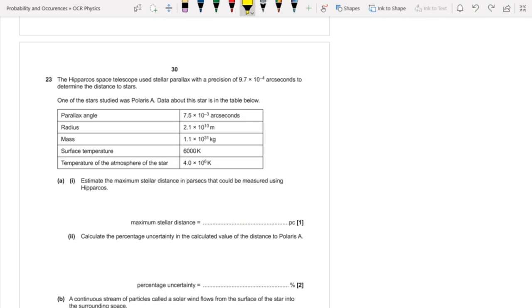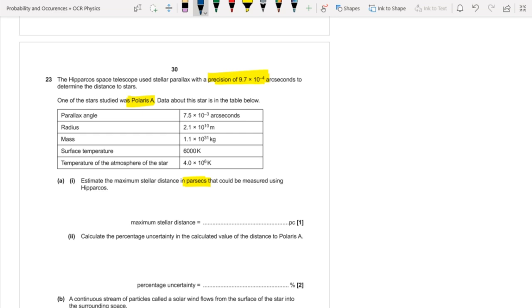The Hipparcos Space Telescope used stellar parallax with a precision of 9.7 times 10 to the power minus 4 arcseconds to determine the distance to stars. One of the stars studied was Polaris A, and the data about this star is in the table below. All right, estimate the maximum stellar distance in parsecs that could be measured using Hipparcos.